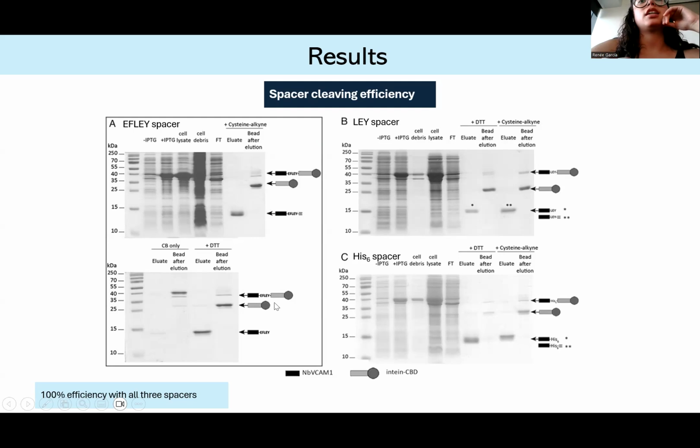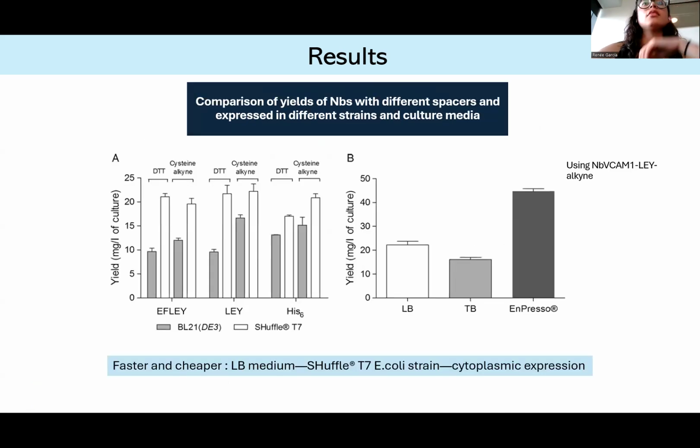So from here we can conclude that there was a 100% efficiency with all three spacers, which we can see in this part and in this part, meaning that all three spacers can be attached to the nanobody.